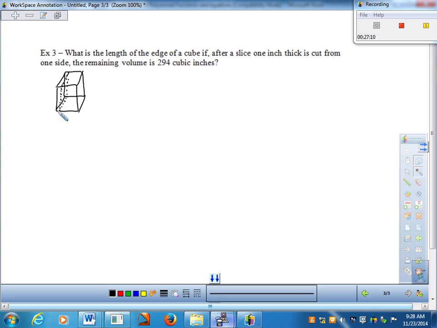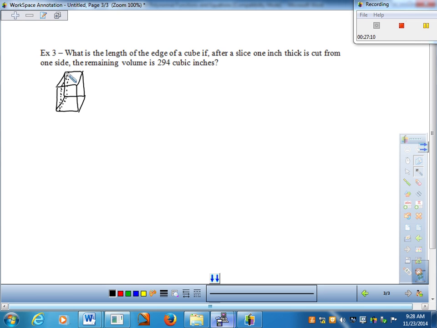So does everyone kind of see that? I'm going to take out a 1 inch thick slice from that left side right there. Try to picture that piece if you can. And then the remaining volume, after I have sliced that out, is going to be 294 cubic inches. So again, just one more time, I literally took my slicer and cut out from that left-hand side right there.